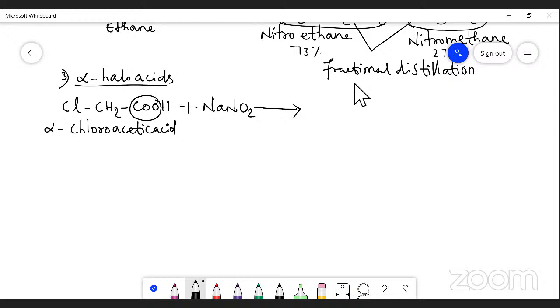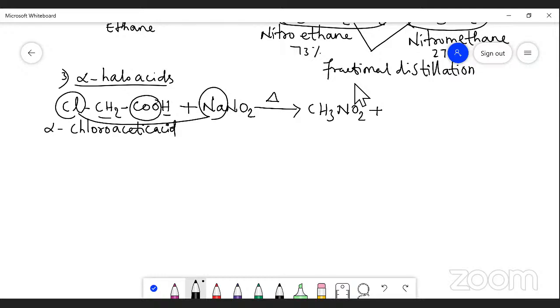This should be boiled, so there is a heating symbol. This carbon dioxide comes out, and the Cl is added with the Na. So we get the product CH3NO2, boiling product, nitromethane.